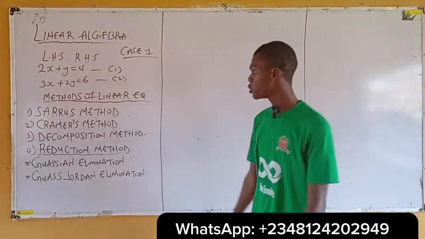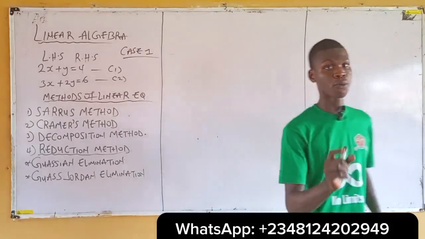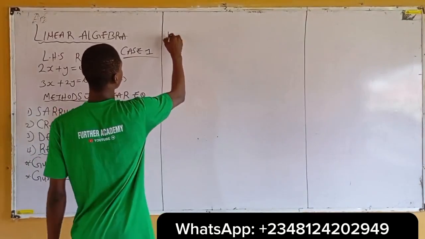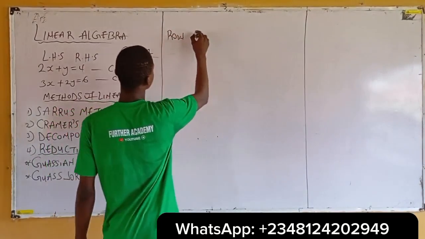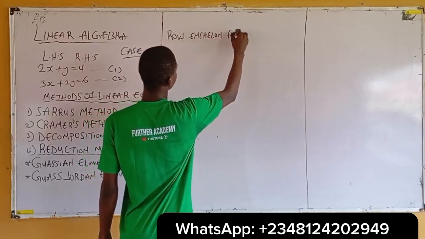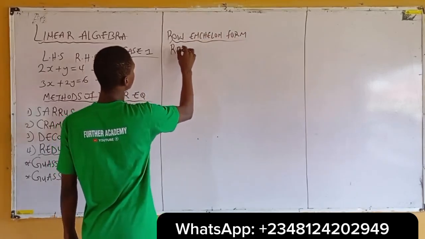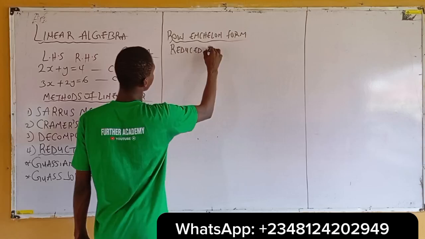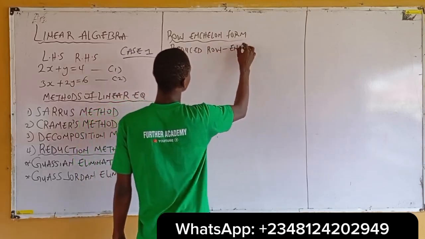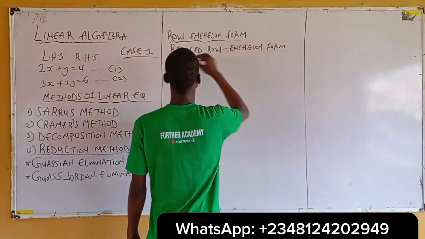Under reduction method, we have Gaussian elimination method, also called the row echelon form. Row echelon form. This is the spelling. Then your Gauss-Jordan, it is called the reduced row echelon form.